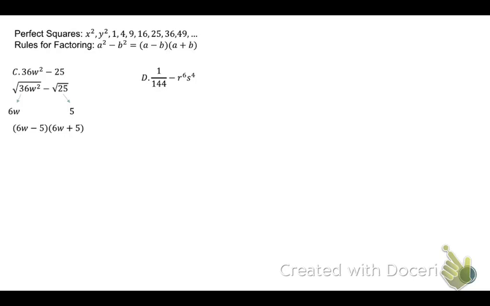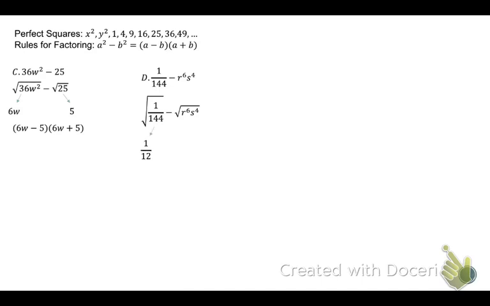1 over 144 minus r to the 6th s to the 4th. Well, 144 is a perfect square. R to the 6th is a perfect square because 2 goes into it. S to the 4th is a perfect square because 2 goes into it. So we should probably be able to do this. Let's square root both of those. What's the square root of 1 over 144? Well, let's think. What's the square root of 144? It's 12. So the square root of 1 over 144 would be 1/12.